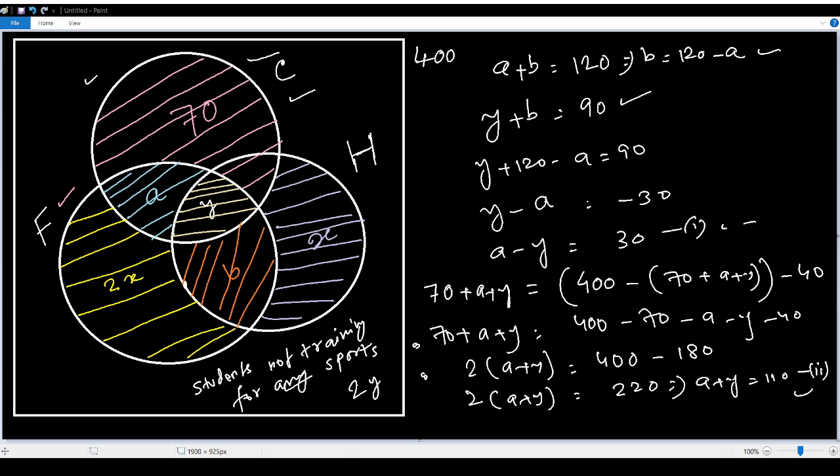We have already found out y. So if we have found out y, then we know what 2y is, that is 80. What is 2y? 2y was this amount, that is 80. That means 80 people are not playing anything, right?